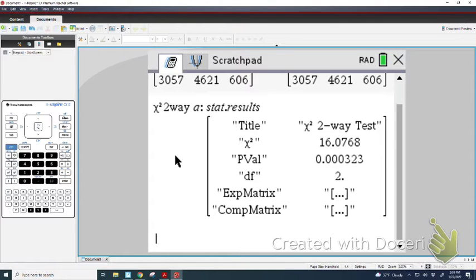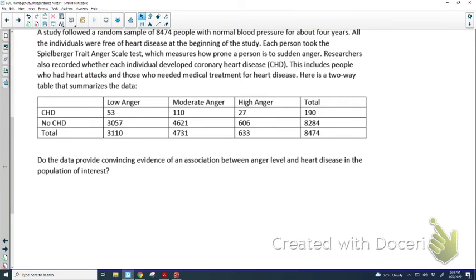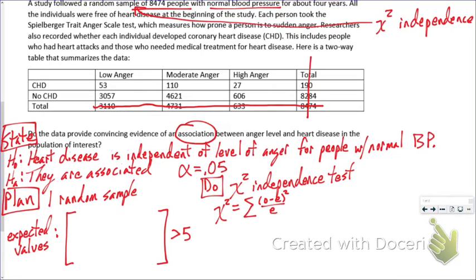When you press var, you want exp matrix, and you write in your expected values. So let's wrap this one up. Chi-squared was 1607.68 with 2 degrees of freedom.